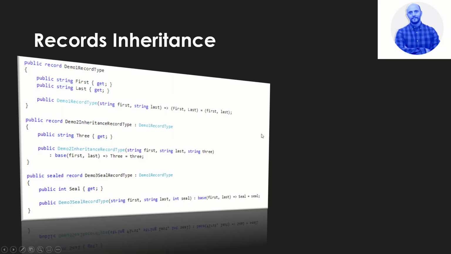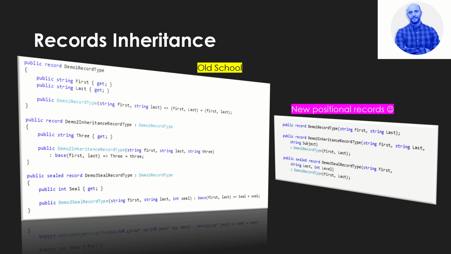So you see some code. Now records permit us inheritance and positional. This is the old school. This is new: positional records. Okay, so it's another interesting aspect.